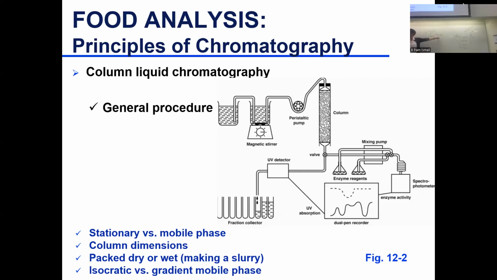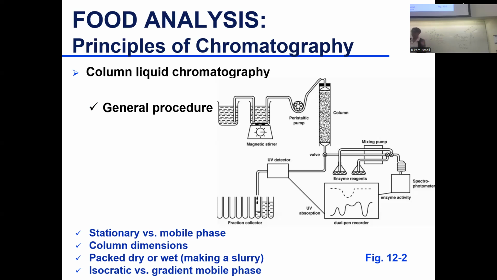In the water. Increase the water. So I increase the water here. In this case, I can have 70% water and 30% acetonitrile. So in both cases, I increase the strength of the mobile phase, but in a different direction.